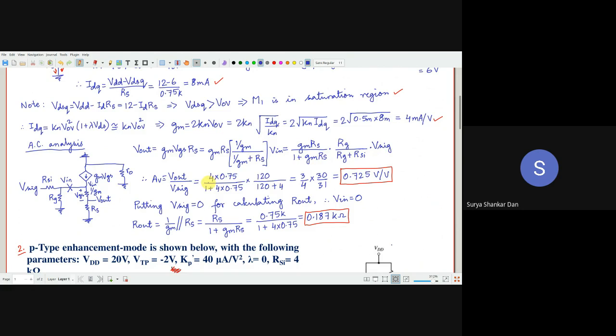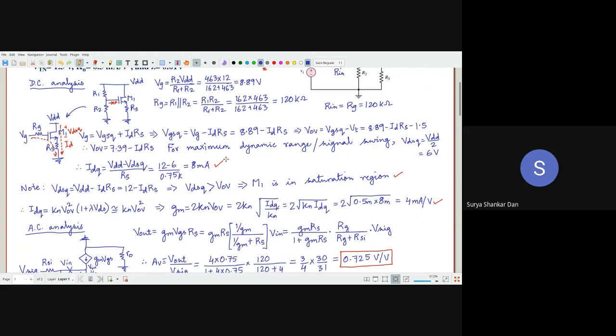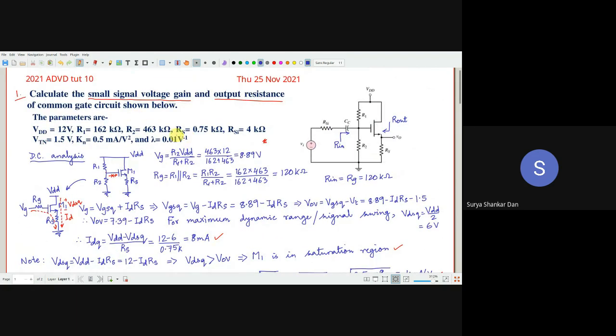I'll just put the values here. gm, which we have seen over here, gm is right there, 4 milliamps per volt, multiplied by RS. RS is 0.75, given in the problem.